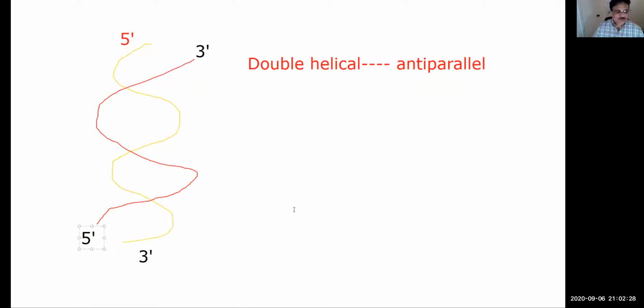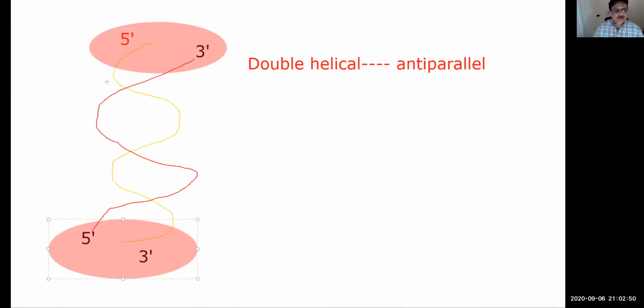So if you focus here, the two strands are anti-parallel; they are different in terms of their orientation. One is 5 prime here and the other is 3 prime here. Similarly, if you look at the other end of the DNA, it is 5 prime and 3 prime. They are not both 5 prime or both 3 prime. They are 5 and 3. That makes them anti-parallel. Now, how does this happen, right?